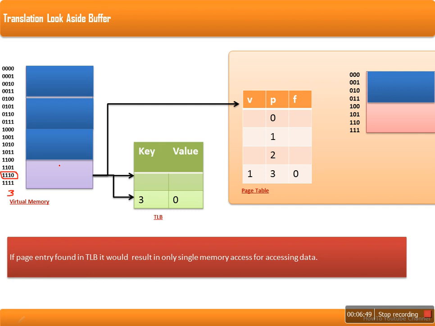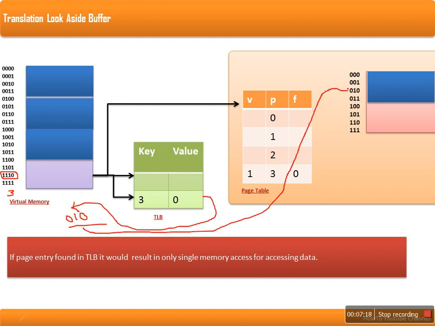This number will be searched first in the cache memory, and the cache memory will give the frame number, which is 0, and the offset will be taken from here, which is 10. So in case of a TLB hit, we get the corresponding frame number from the cache memory itself, and after getting this address we go directly to that address.